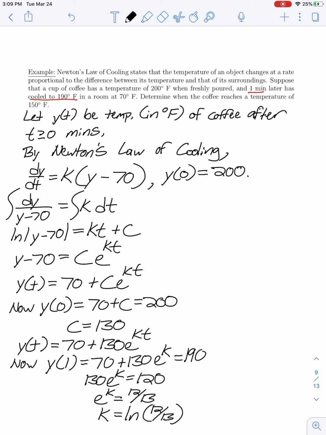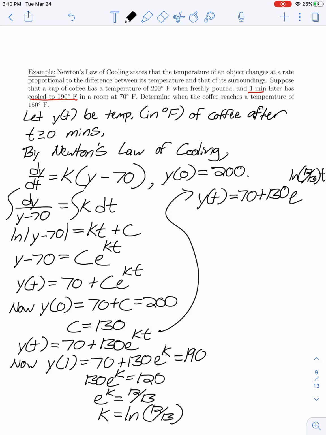So once I have this constant k, I'm going to substitute it back into my solution. And we find that y of t is equal to 70 plus 130 times e raised to the k, which was natural log of 12/13 times t.